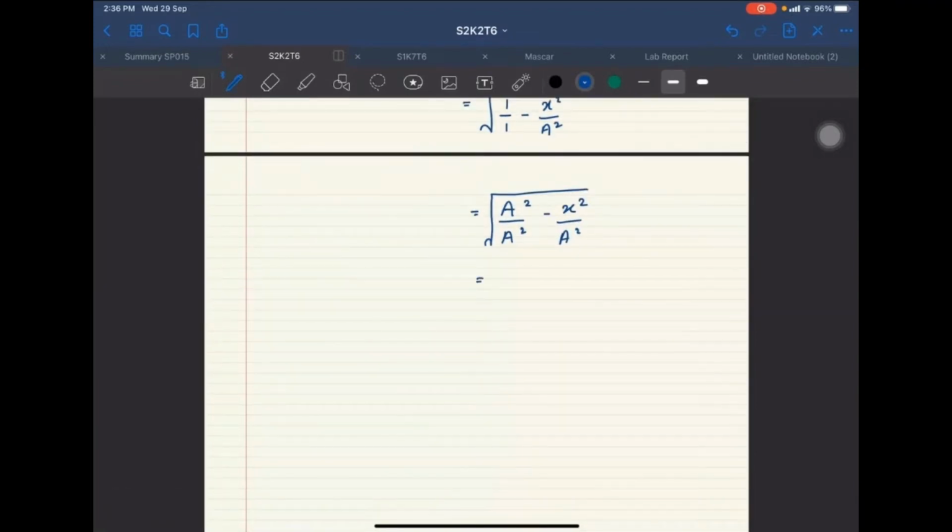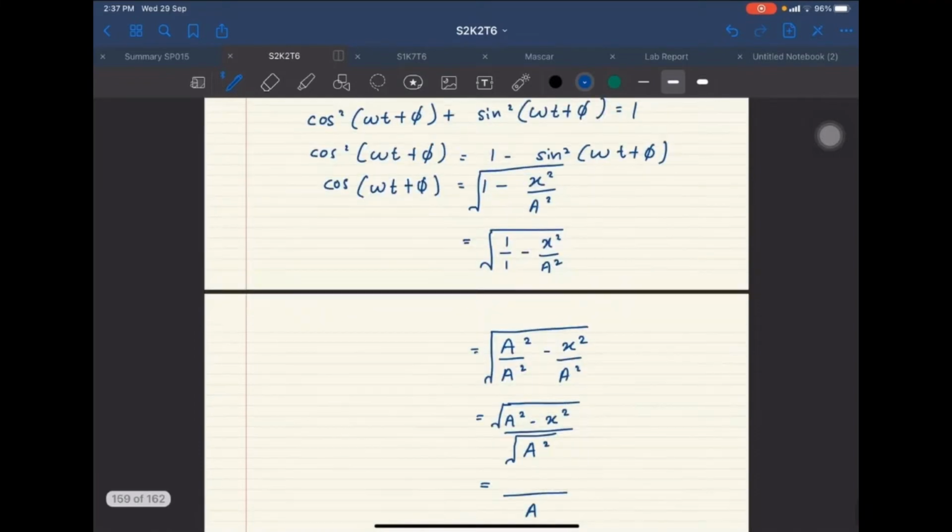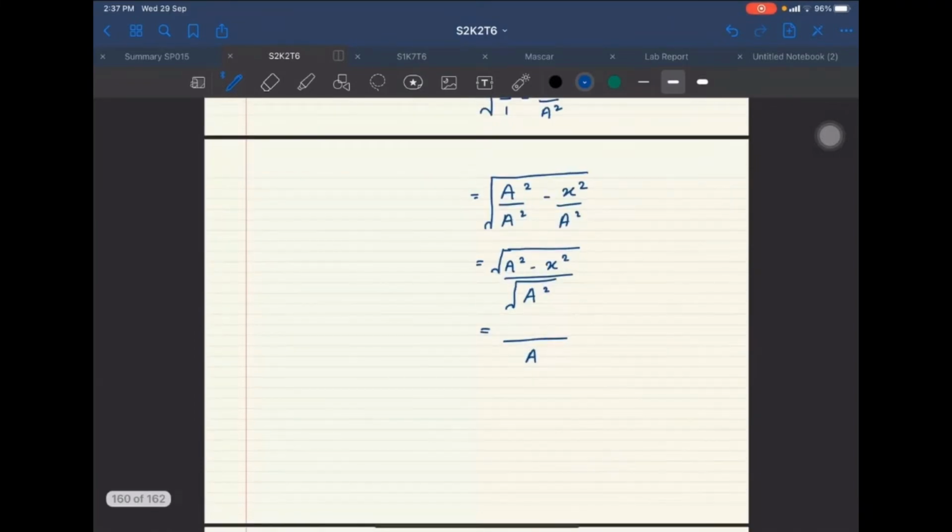Okay, since penyebut dia sama, saya bersatukan lah, A squared minus x squared. And best thing about the square root, you basically can separate kalau dia fraction. So you get down there as A, and up here you get square root of A squared minus x squared. Okay tak? Can you guys follow this one? Okay, sir.